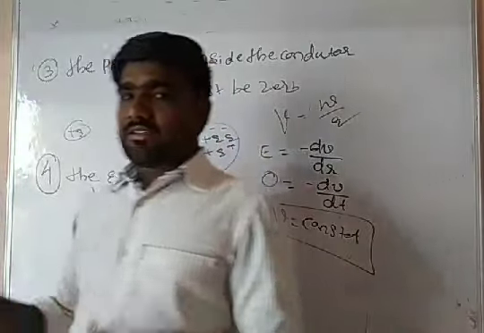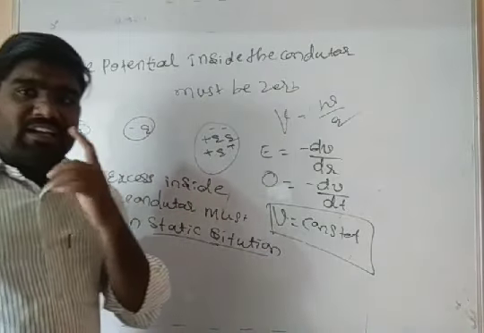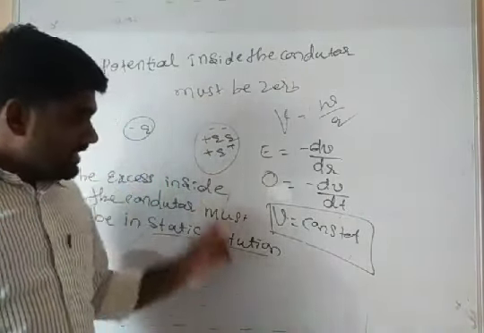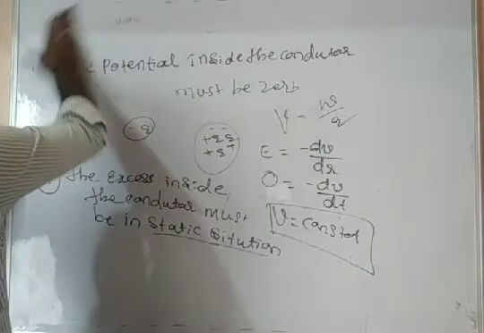So these are the very important properties of an electrostatic conductor. Then the fifth property. What is the fifth property?